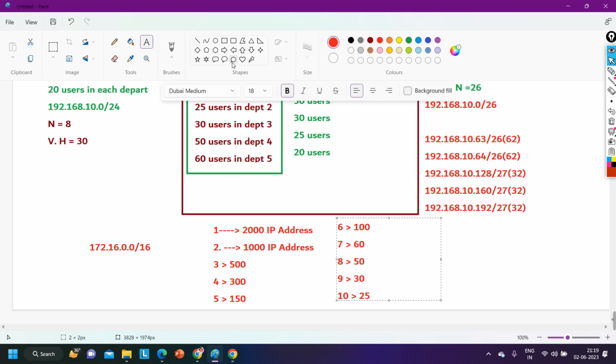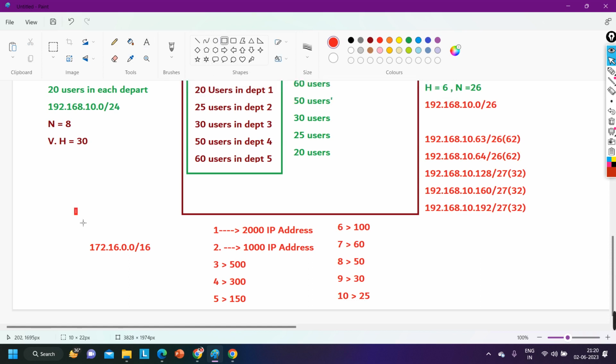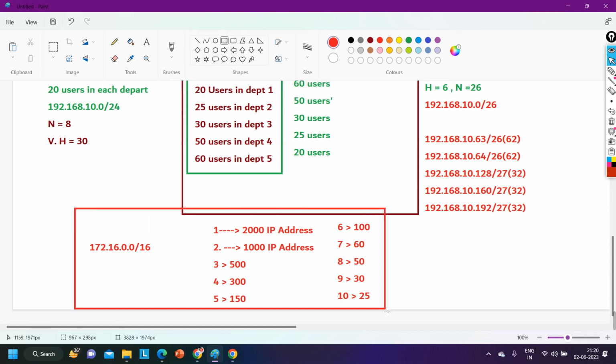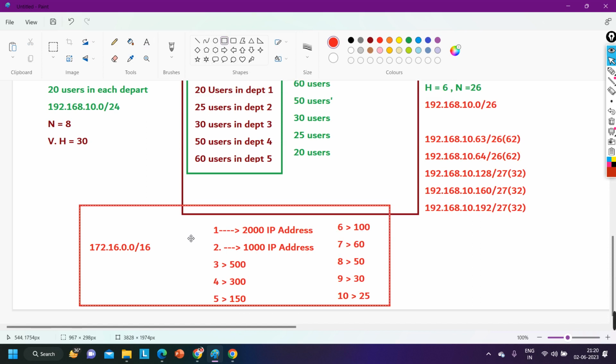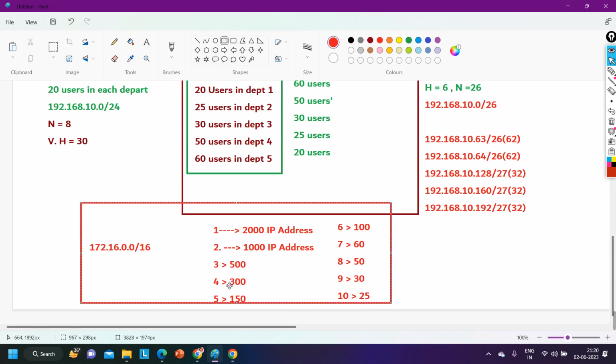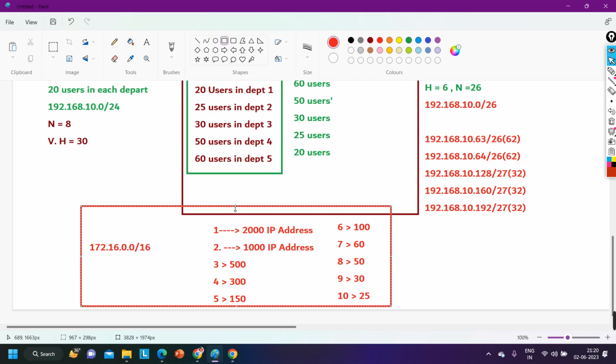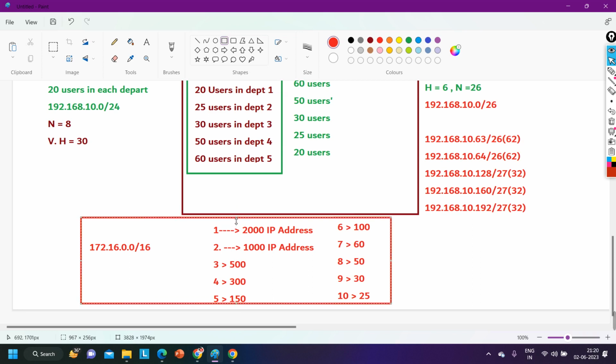Can you solve this problem, guys? Can you do subnetting for my requirement? This is the requirement of an organization. So you all can solve it, yes or no?